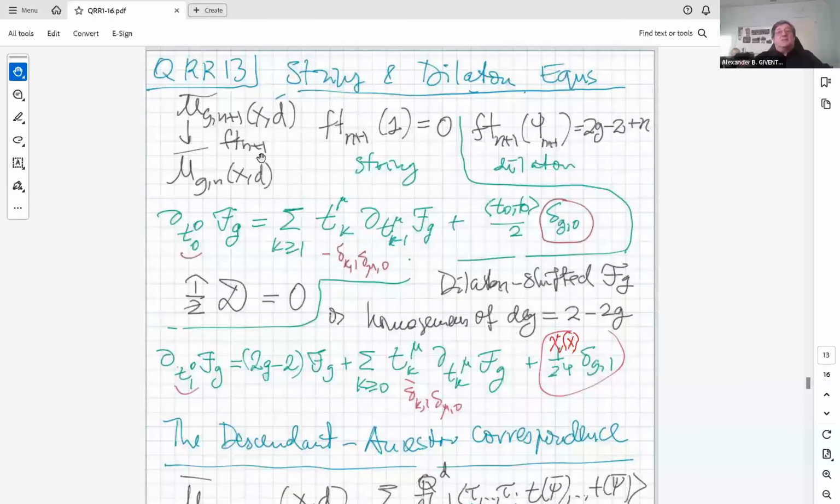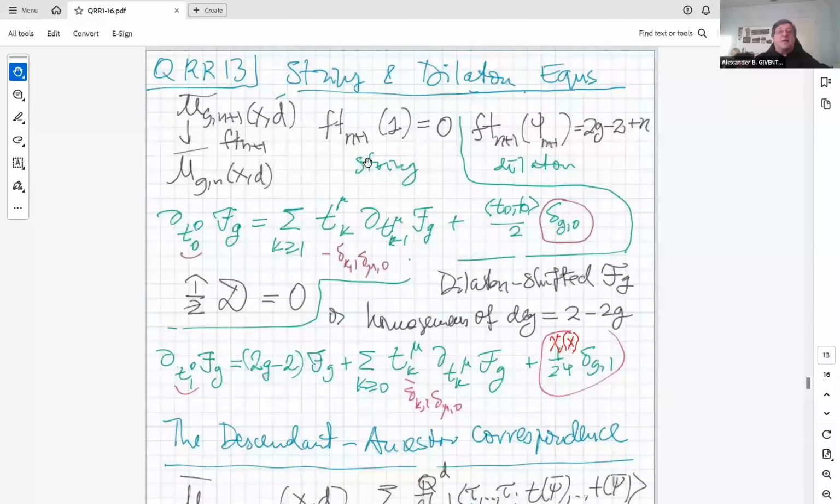But it's easy to see that this constant should be minus the Euler characteristic of the curve punctured at the n marked points, so that it's 2g minus 2 plus m. The fact that you can ask this question, what will happen if I consider this correlator involving this 1 or this psi, but you know the answer a priori, means that it imposes some identities, some constraints on generating functions, and that's how they look.